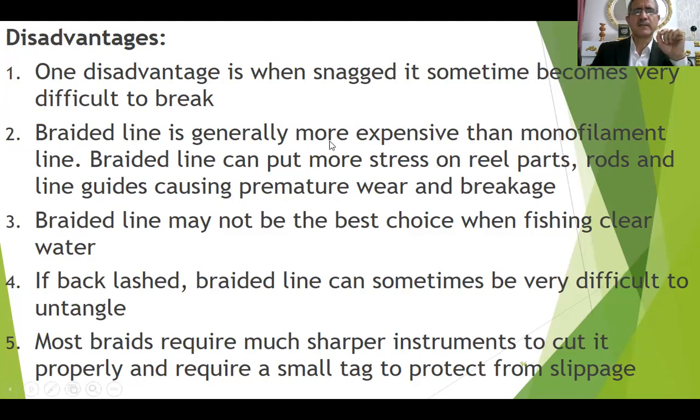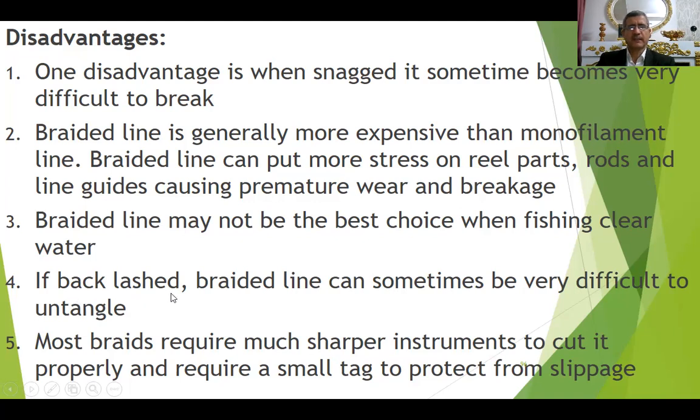A braided line is generally more expensive than monofilament line. A braided line can put more stress on the parts, rods, and line guides. Also, despite these advantages, braided line may not be the best choice when fishing in clear water.